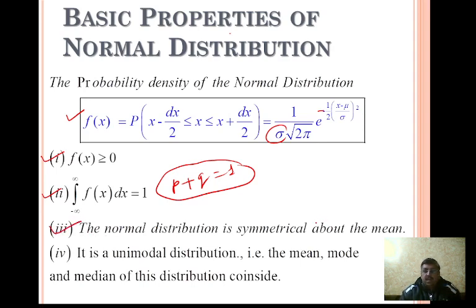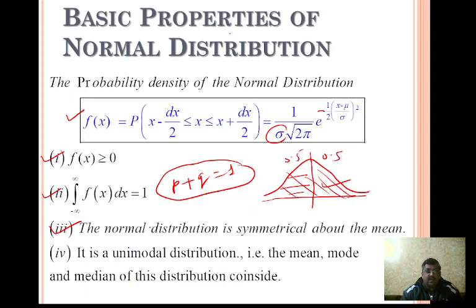Now the third property is that the normal distribution is symmetrical about the mean. Suppose this is a kind of graph for the normal distribution. Whatever lies on this side, the same lies on this side also. That means if the total area is equal to 1, then this side is 0.5 and this side is also 0.5.